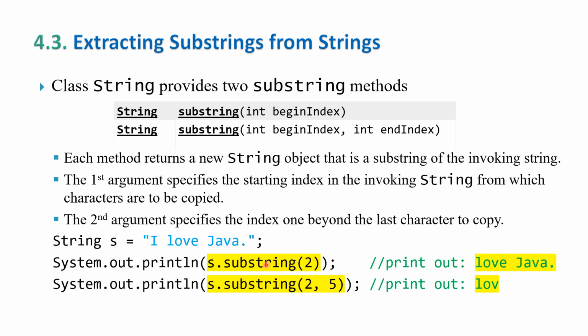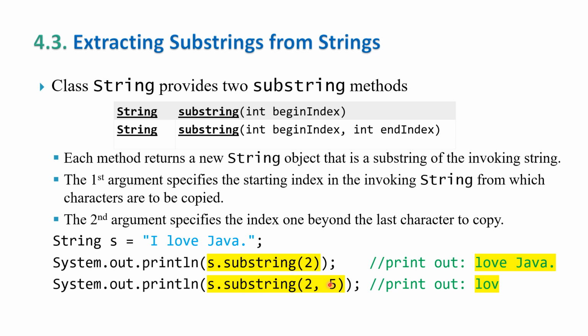The method call s.substring(2, 5), so it has two arguments, 2 and 5, returns a string that is copied from index 2 to index 4 of string s, because 4 equals 5 minus 1.